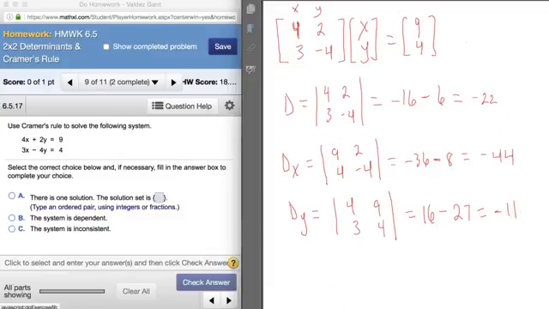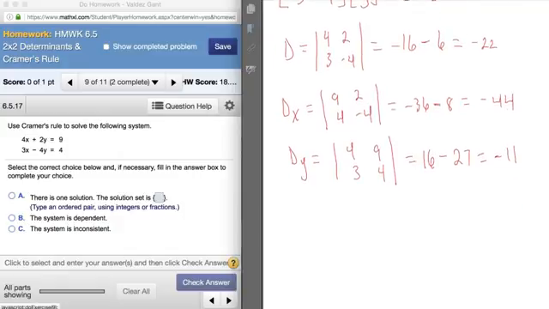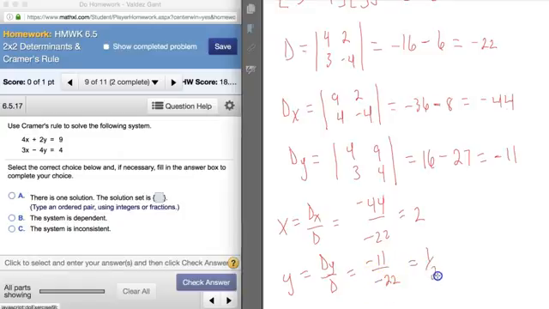So from there, we can figure out what x and y are. So x is just dx over d, which is negative 44 over negative 22, which is 2. And y is dy over d, which is negative 11 over negative 22, which is positive 1/2.